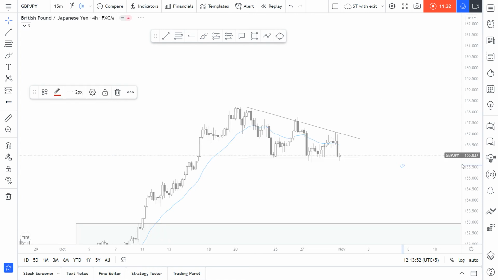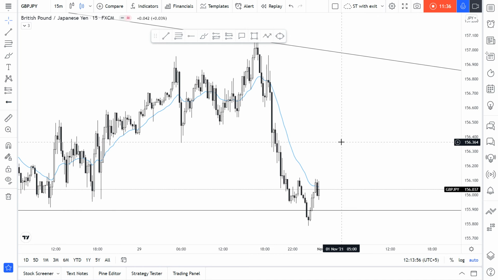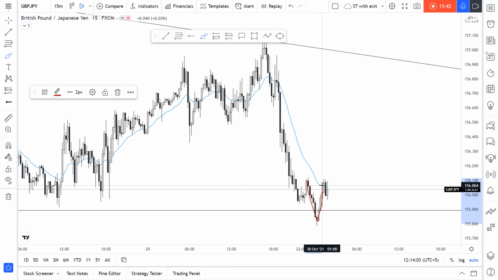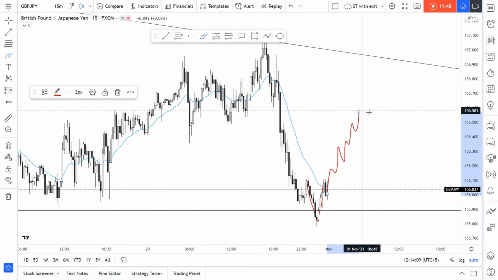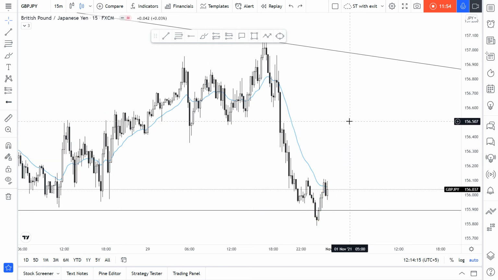So if we go to the 15 minutes, maybe there we have some. There we have, yeah, okay. We have this very beautiful V shape, and then we might see at the very beginning of the next week very impulsive movements to the upside with little corrections.